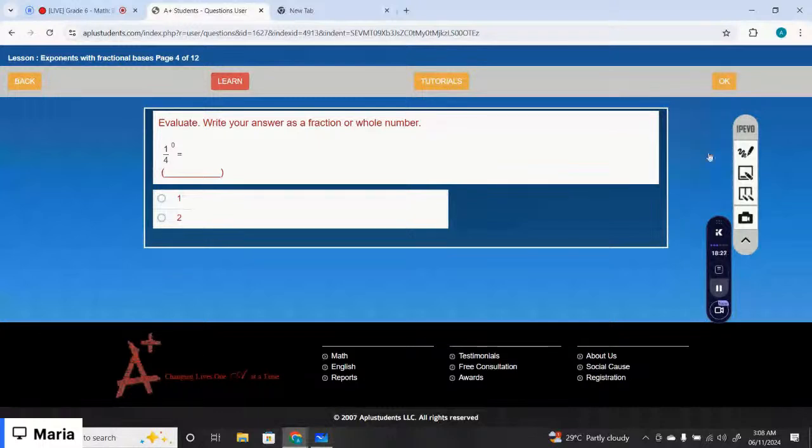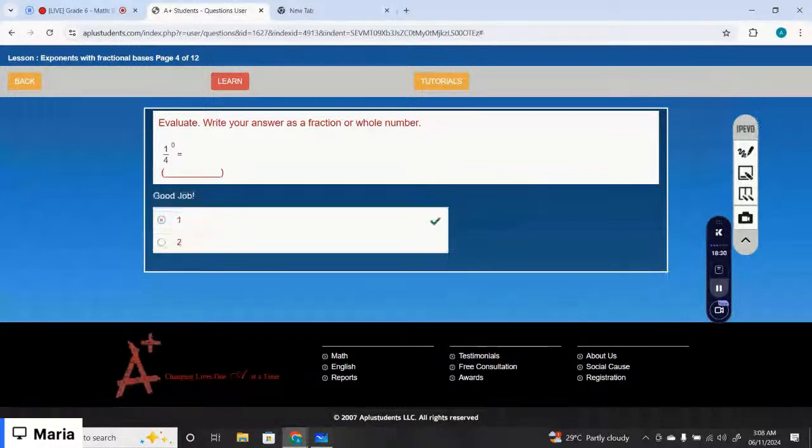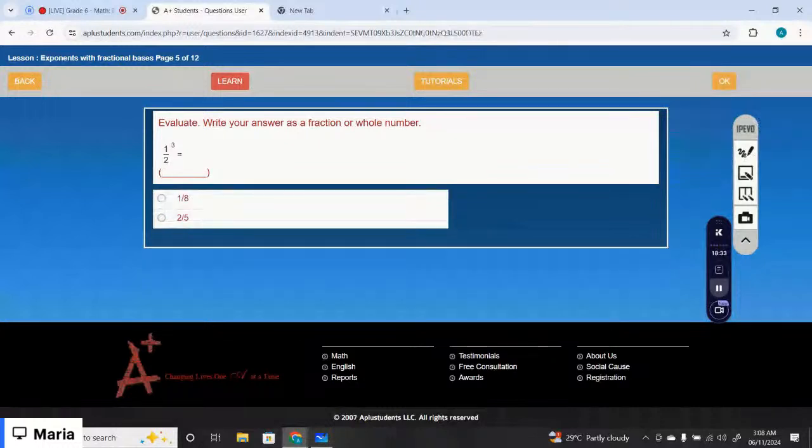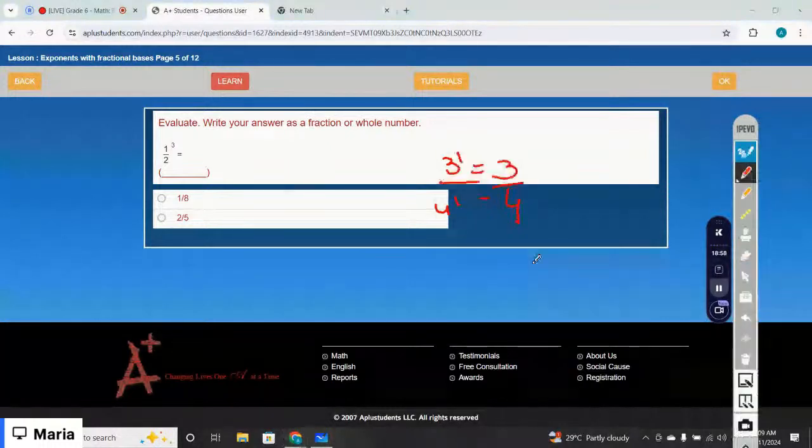So option number 1 is the correct option. 1 by 2 exponent 3, which is the correct option. 1 times 1 divided by 2 times 2 times 2.